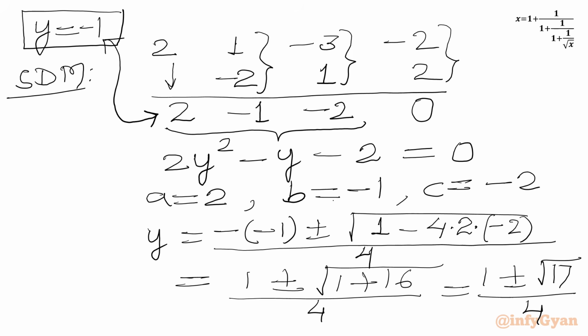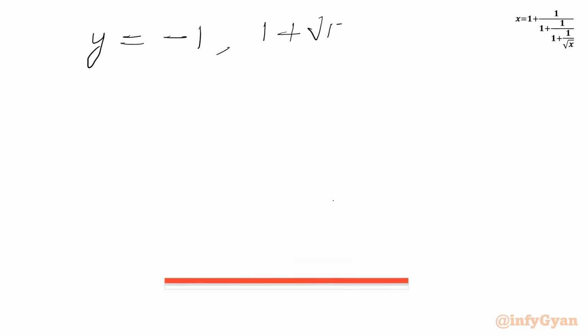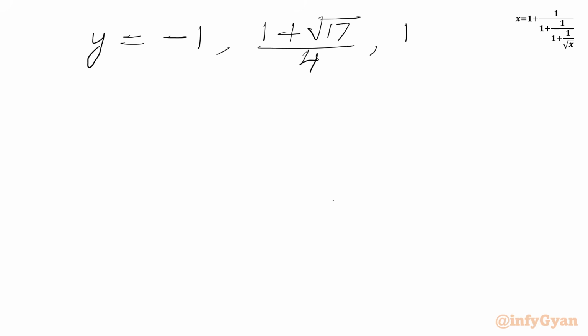So we have 3 y values as per our cubic equation. Let me write all 3 values: y equals minus 1, our base solution; y equals 1 plus root 17 over 4; and y equals 1 minus root 17 over 4. Our substitution was root x equals y.